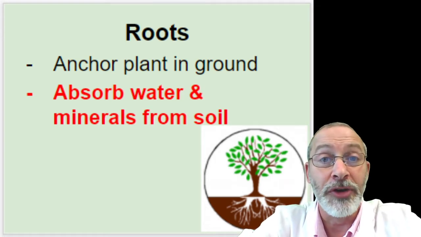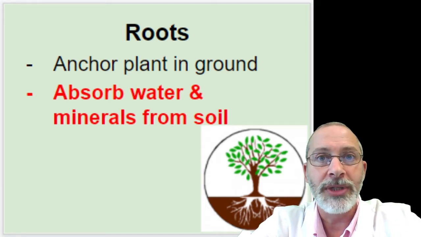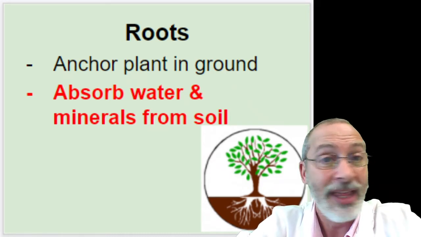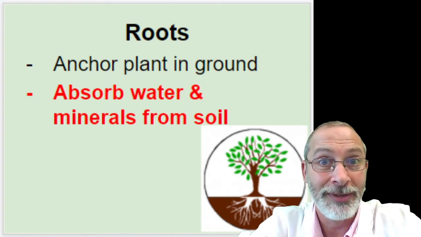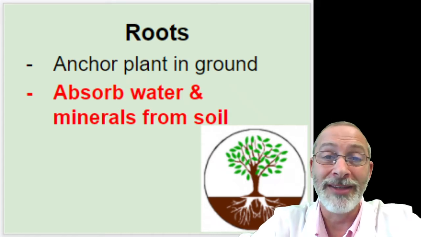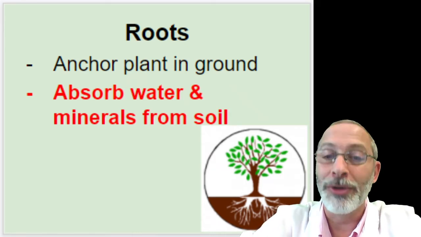The one big difference between fungi and plants, well, you tell me, what's one big difference between fungi and plants? What can plants do that fungi cannot do? Make their own food, because plants, as you know, are autotrophs and not heterotrophs.